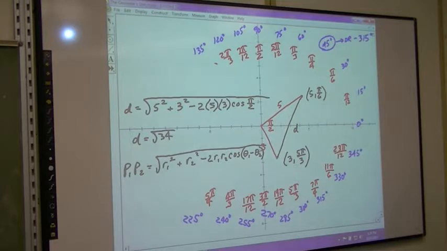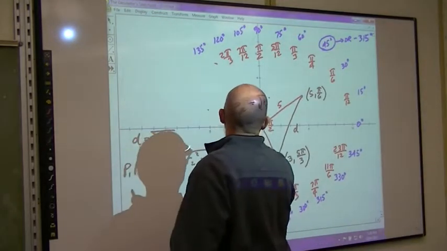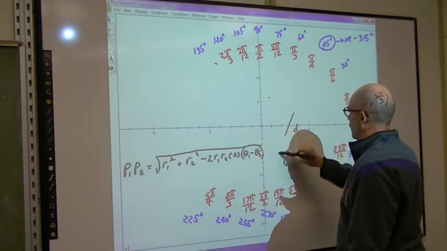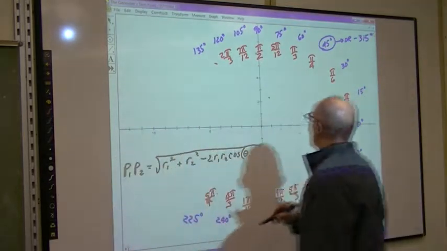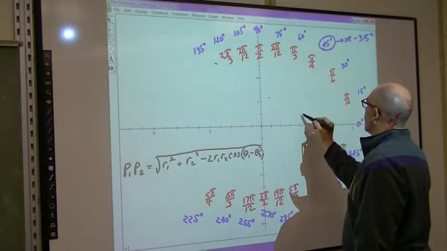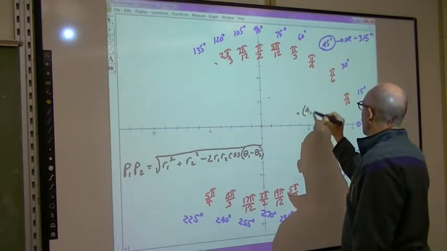Let's see here. Yeah, we'll go with degrees this time too. Okay, so our first point we're going to say is, yeah, we'll go with 4 at 15 degrees. So here's 4 at 15 degrees.